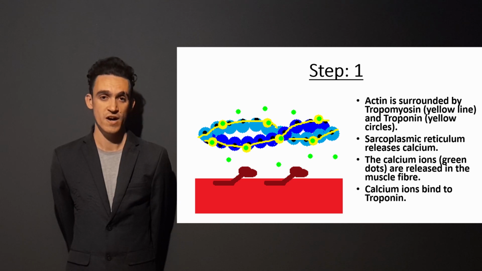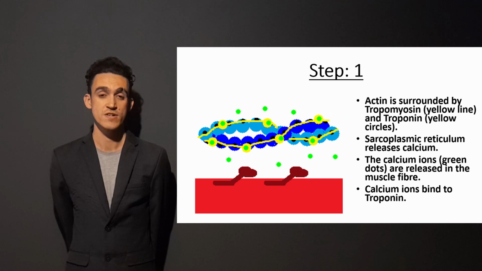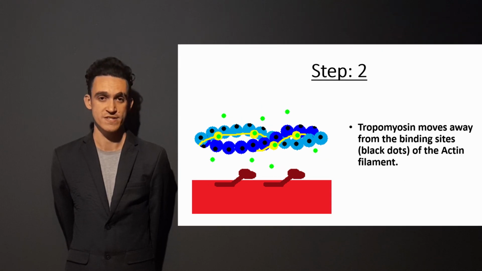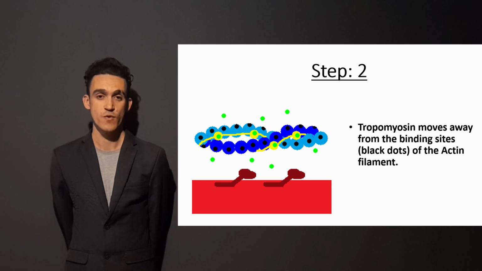These calcium ions, which were released into the sarcoplasm, then bind to the troponin, which causes the tropomyosin to move away from the actin binding sites, causing the actin binding sites to be open and exposed for the myosin head to bind to.